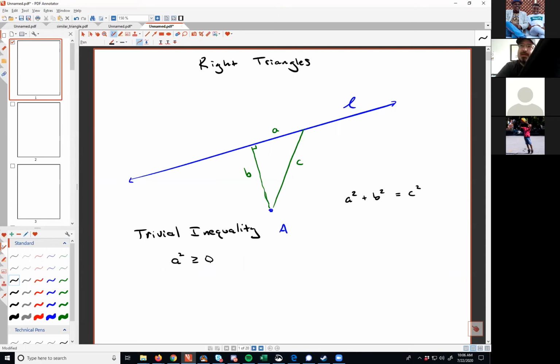If we add b squared to both sides, then we have a squared plus b squared is at least as large as b squared. Now what can we do?